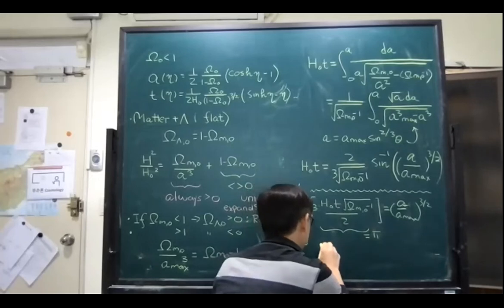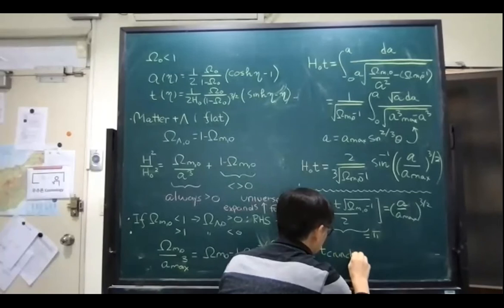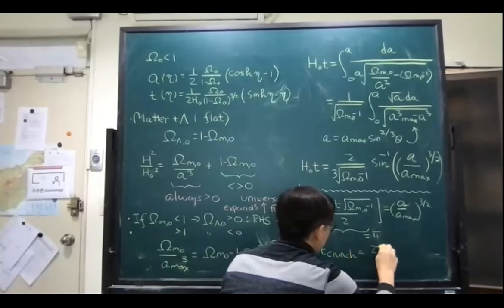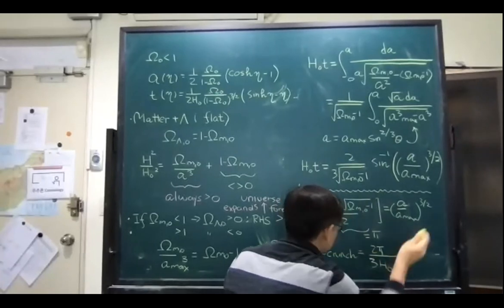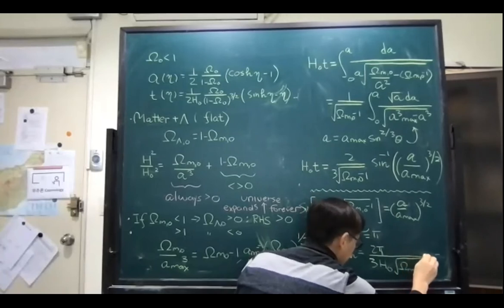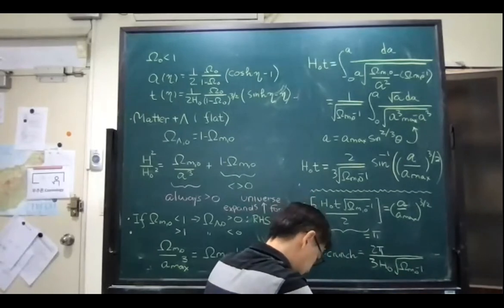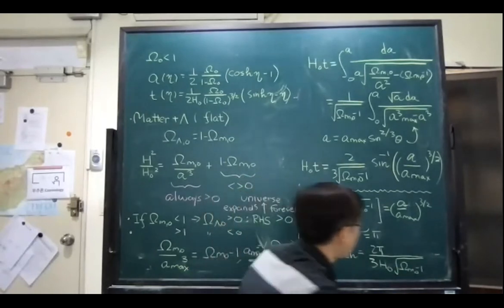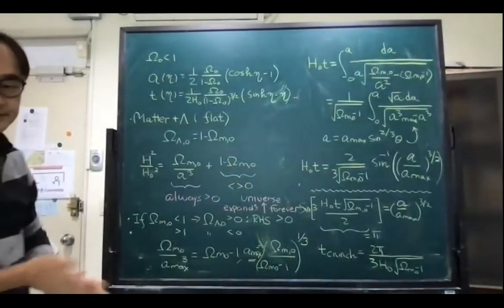So that means t crunch this time is 2 pi over 3 H0 square root of omega m0 minus 1, if I didn't make any mistake. Seems not.